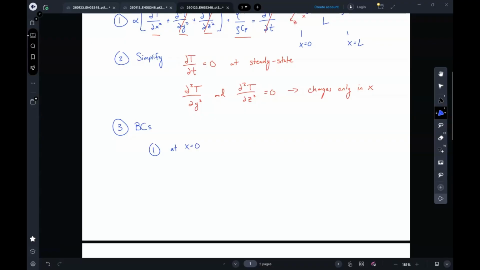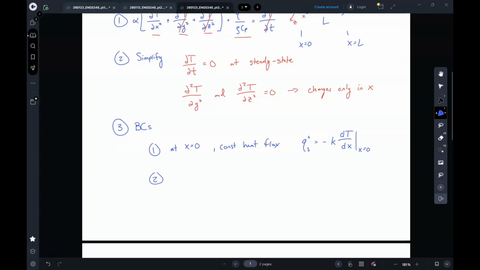And at this we have constant heat flux, which gives us a fixed slope of our temperature. Again, we can look at the boundary condition video to see what this could be. This is now d temperature dx evaluated at that location, x equals 0.